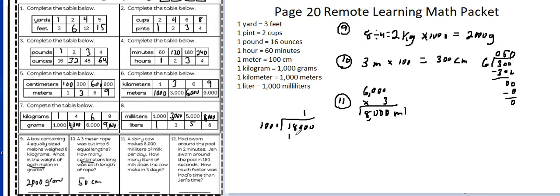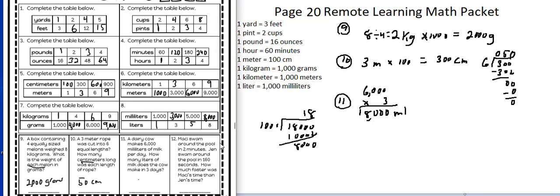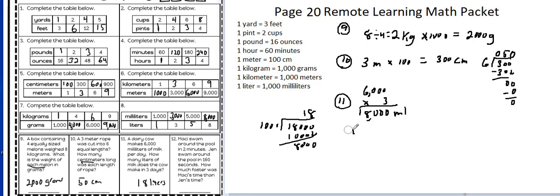Is 8 less than 1,000? Yes, bring down my 0. How many times does 1,000 go into 8,000? 8. So it makes 18 liters in 3 days.